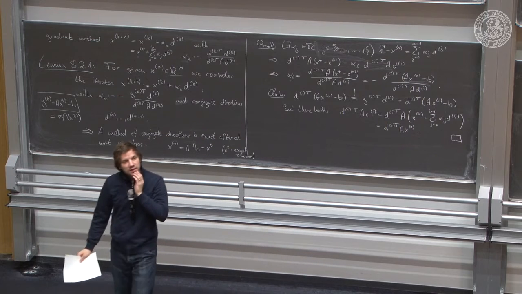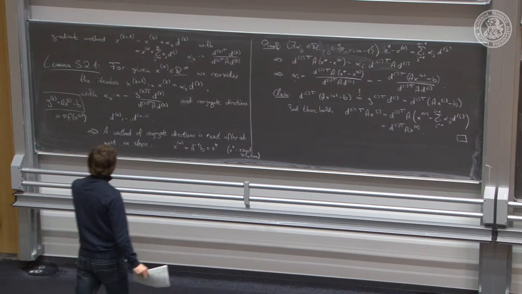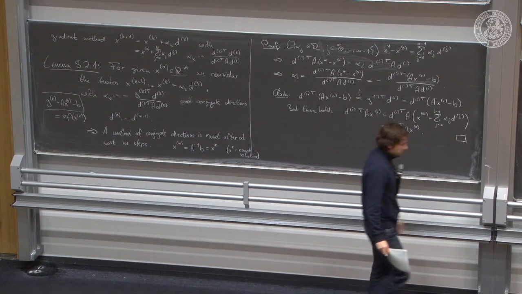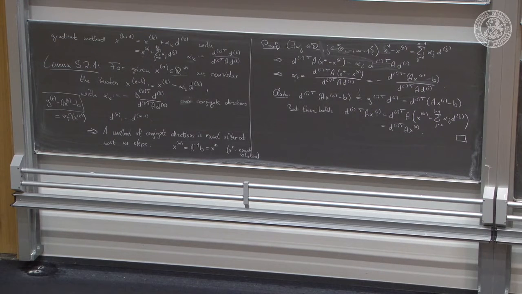So we see that indeed conjugate methods lead to an exact solution in the case that we have enough iterations.